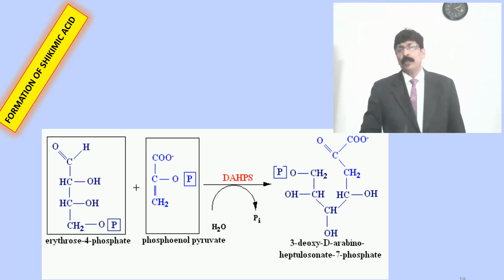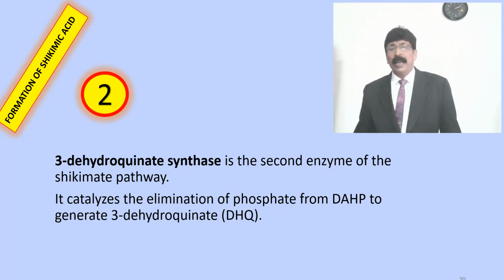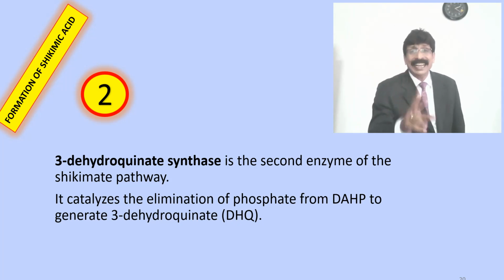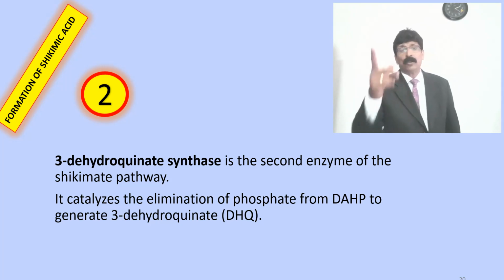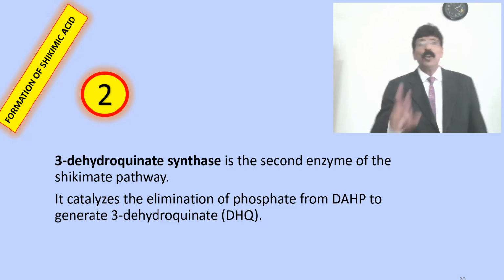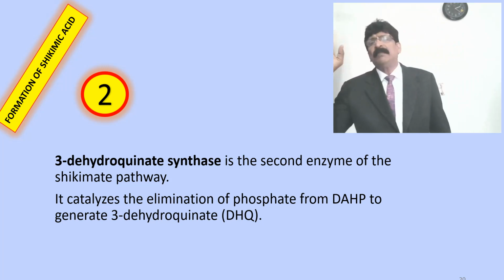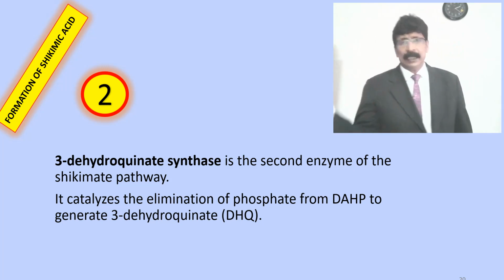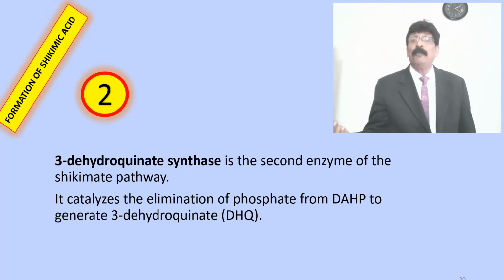So the enzyme and the product have similar names. The second enzyme is 3-dehydroquinate synthetase, which is the second enzyme of the shikimic acid pathway.